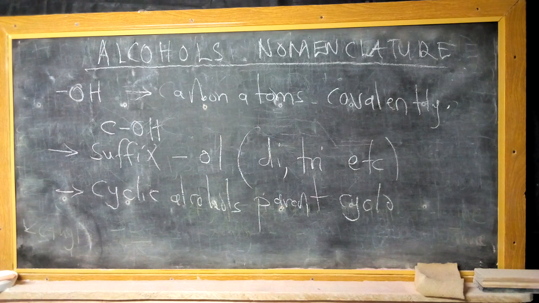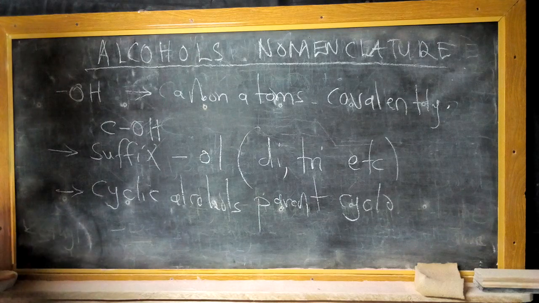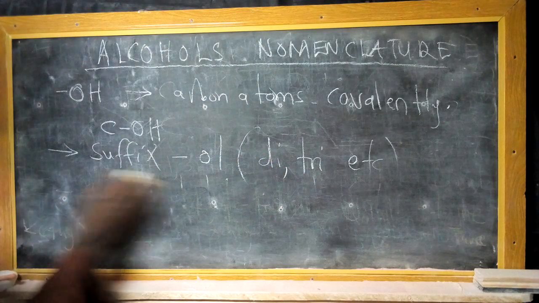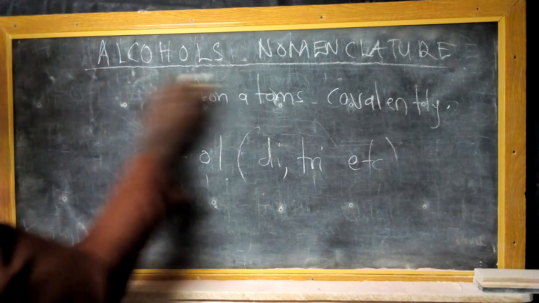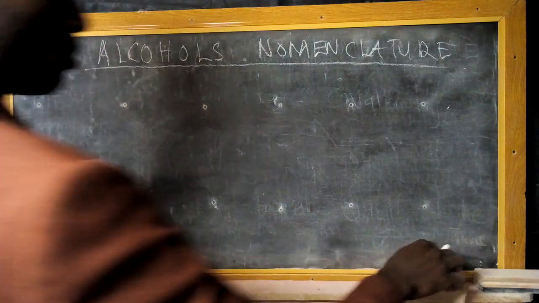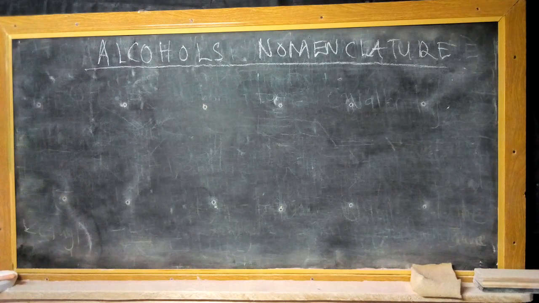And then you see that the numbering at the carbon with the OH is done in such a way that the substituents are given the lowest numbers possible. Just like in alkenes, alkynes, and alkanes that we talked about, the lowest numbers possible. That's the same case that applies to alcohols. So we shall give an example to illustrate or to demonstrate that.